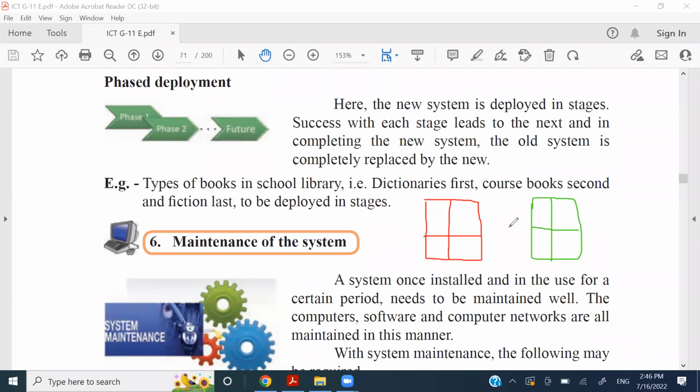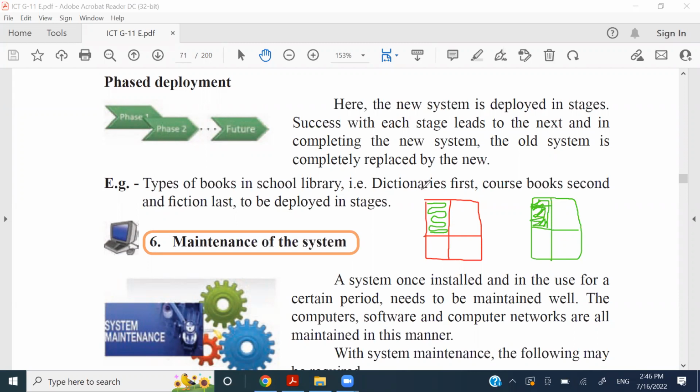What you are going to do is take one part of this new system, which we call a pace, and replace it into the old system. So part of the new system is placed inside the old system.